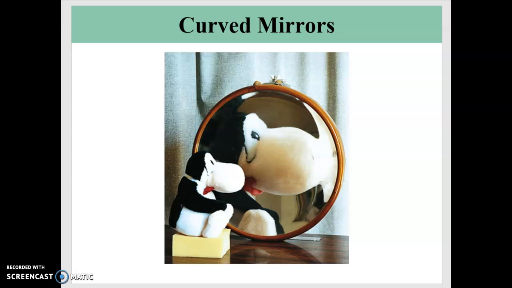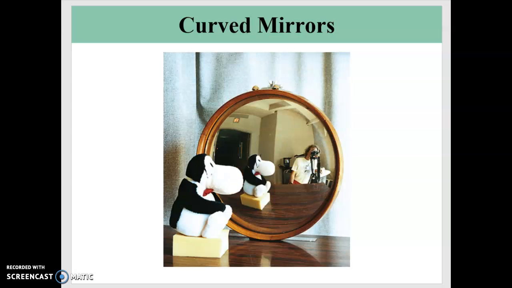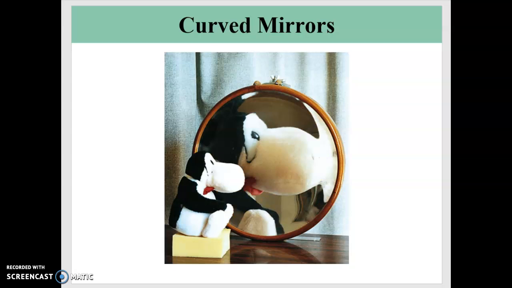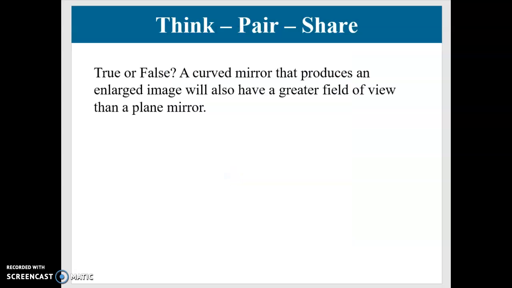Now, they obviously have smaller fields of view than the convex case, and we're actually comparing a concave mirror with a flat mirror, but the flat mirror is still going to have a larger field of view than the concave mirror. And so in this case, this question is false.